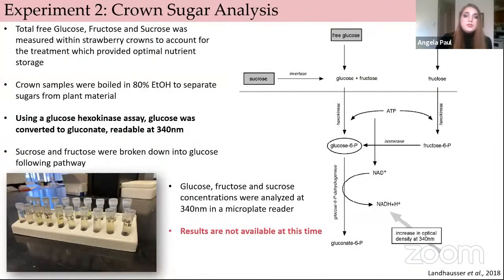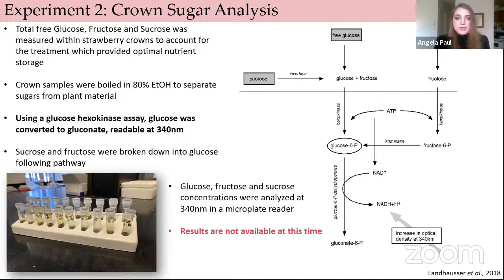And then with the sugar crown analysis, I wanted to measure the total free glucose, fructose, and sucrose count within all of the crowns on both treatments. To do this, I would prepare crown material by grinding it and then boiling it in 80% ethanol to separate the sugars from the plant material.